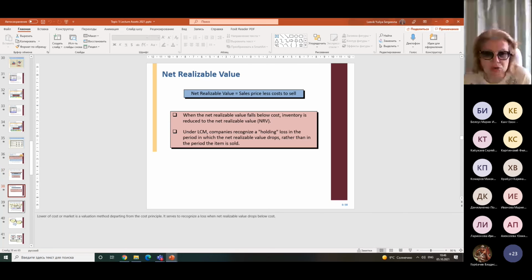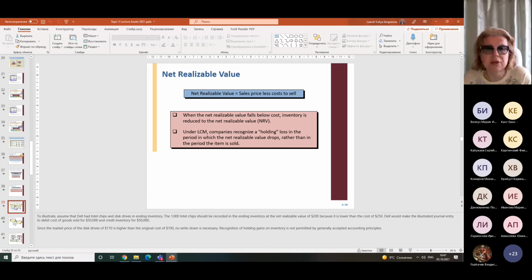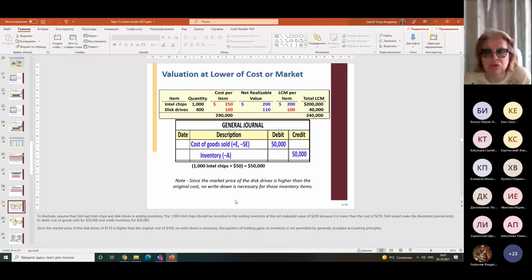Just calculate net realizable value as sales price less costs to sell. Please remember how to compute it. In order to evaluate, we compare cost with net realizable value and choose the lowest.